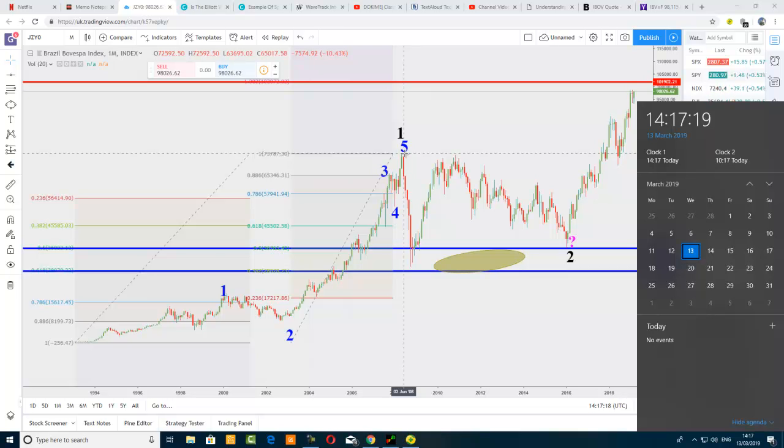Alright? So in this case, the blue 1, 2, 3, 4, 5 waves become the black one there, first wave of a higher degree, provided that I have enough data here, provided that I'm seeing everything that I need to see. With the information that I have today, that's all I can say to traders. All right?